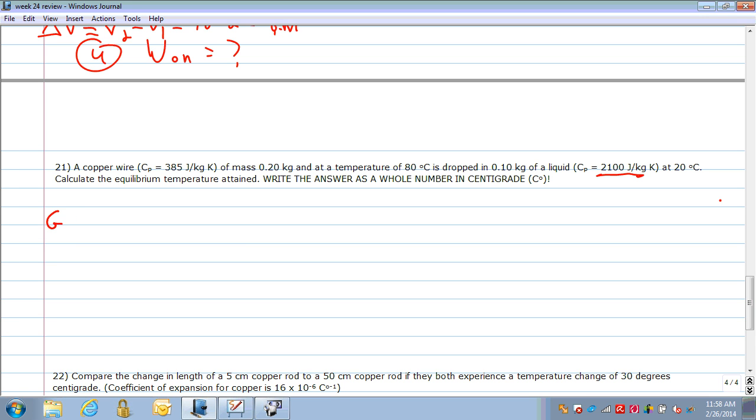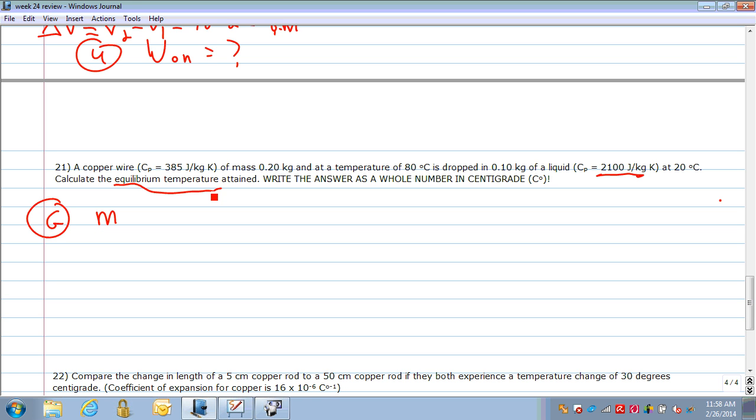What they're asking here for is the equilibrium temperature. What is an equilibrium temperature? What is another word for that? Another 2 words.